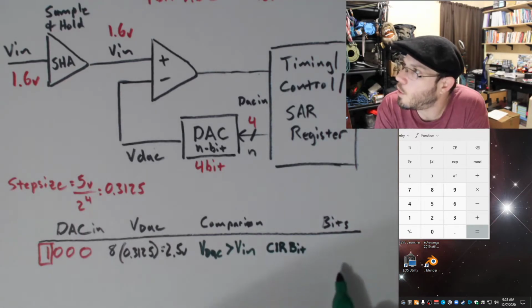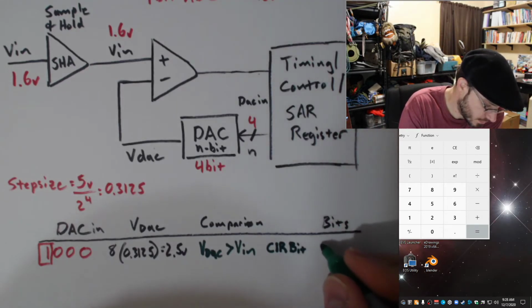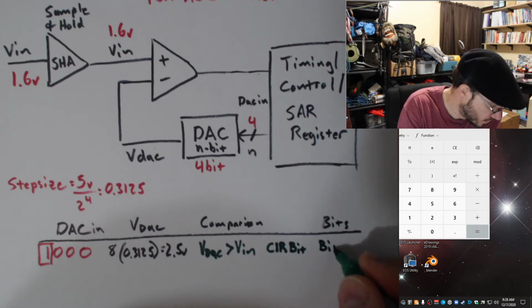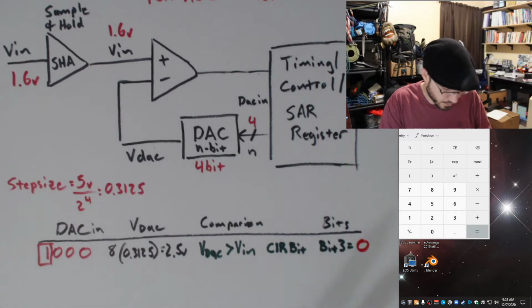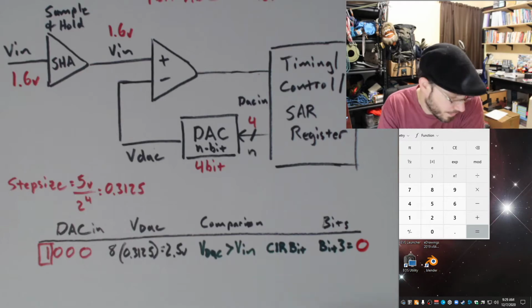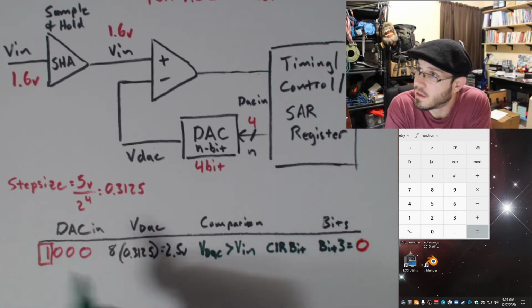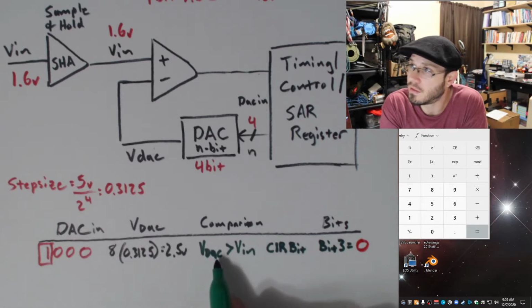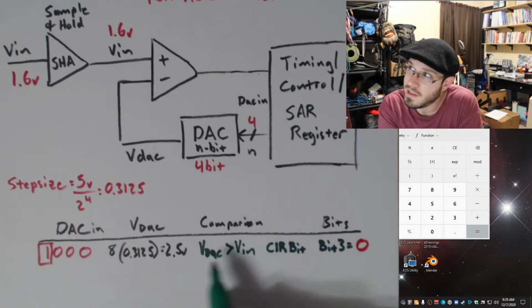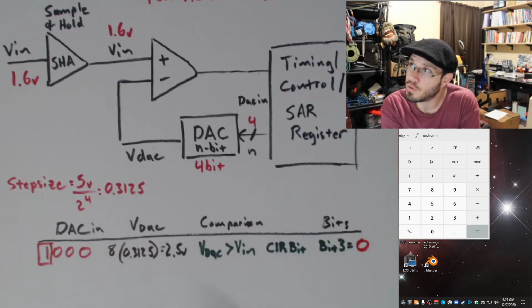And that means our most significant bit is actually 0. Okay, so we set it to 1 initially. We compared it to our input voltage. Turns out VDAC was greater than VIN. If it's greater than VIN, you just go ahead and clear that bit. So this 1 now goes to 0.